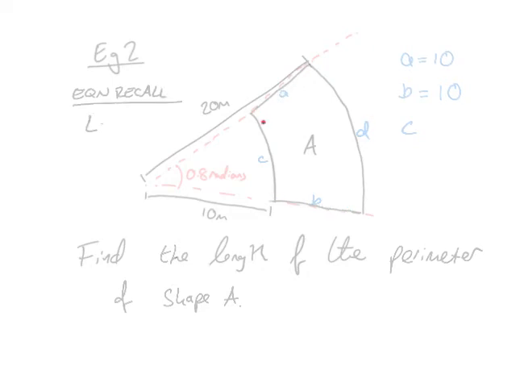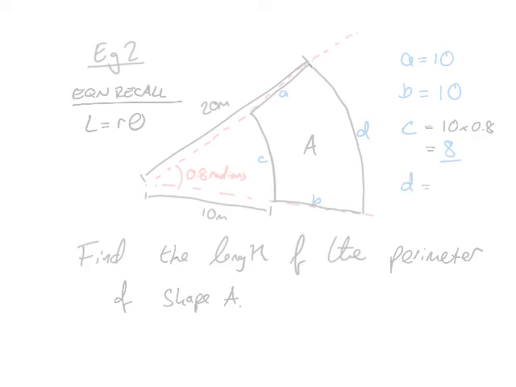Now we're going to look at C, which is an arc length. We recall our equation, L equals r theta, and the length of C is going to be an arc length. So the length of C is L, and we have to times it by the radius and the angle, which gives us the number 8. So C is 8 metres long.